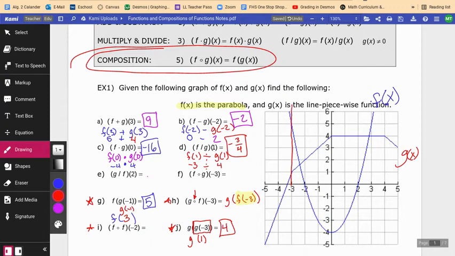I need to make sure that it is on the f function. So that gives me a y value of 5. So then this is 5, and now I'm finding g of 5. So then here's when x is 5, and it intersects g at 3. So my final answer for this is equal to 3.